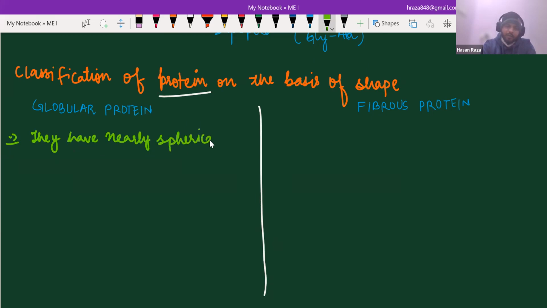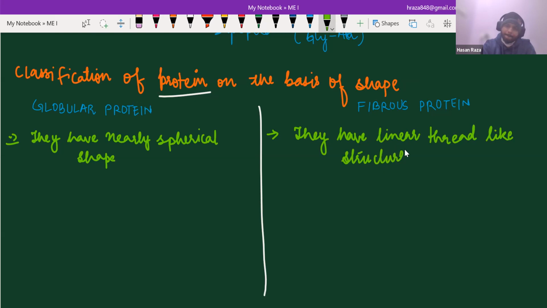Fibrous proteins have a linear thread-like structure. Globular are soluble in water.